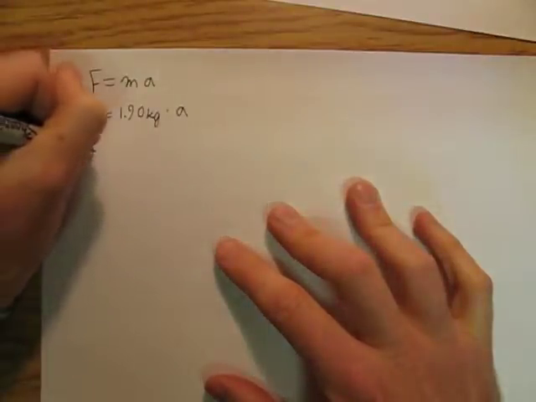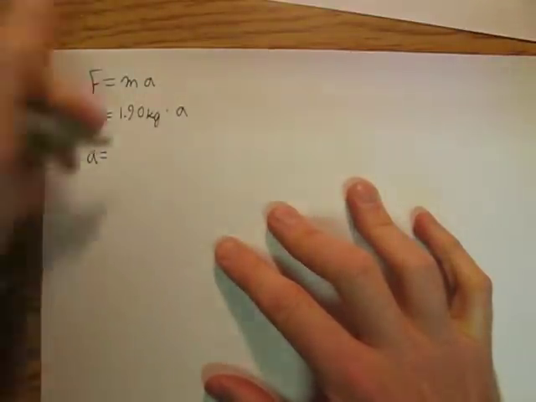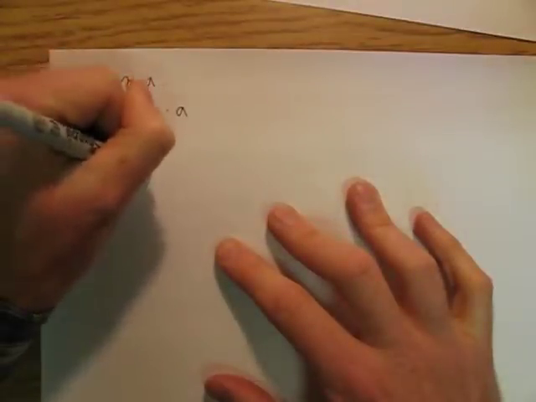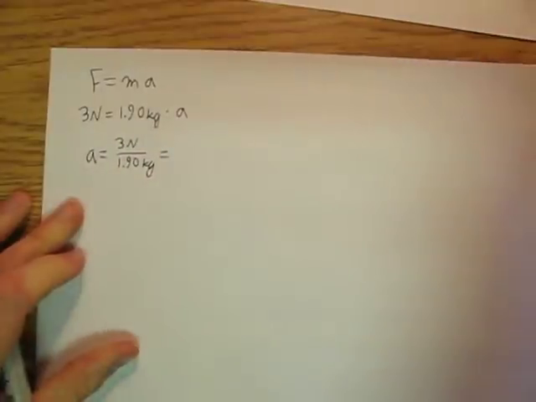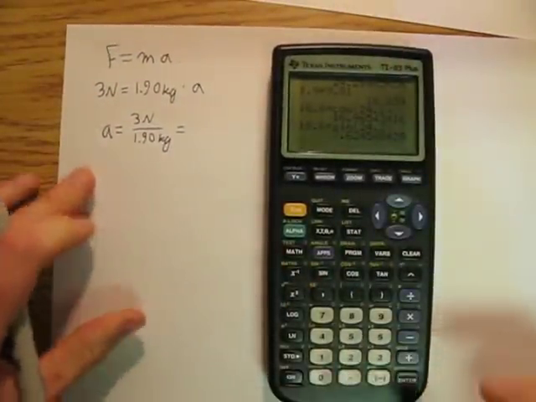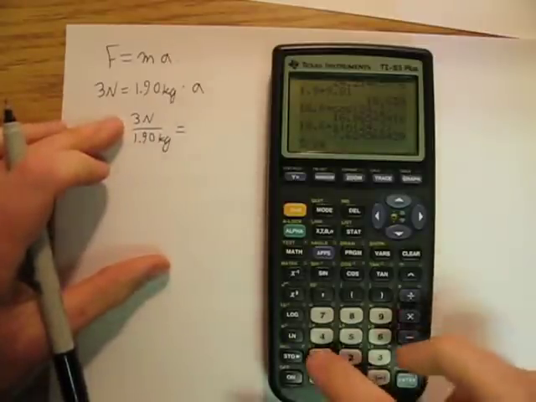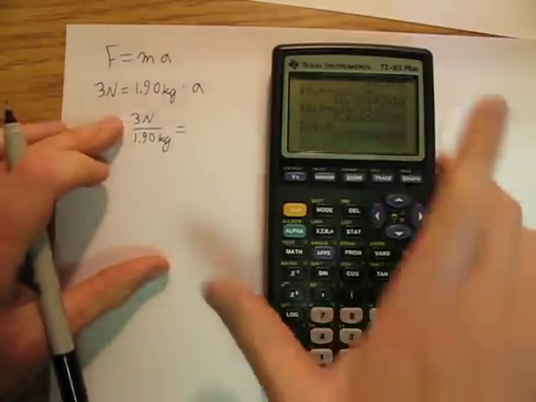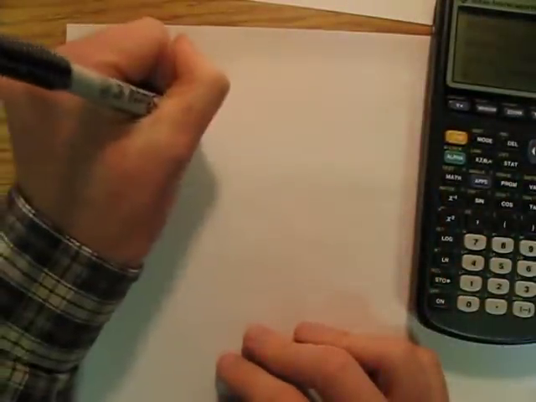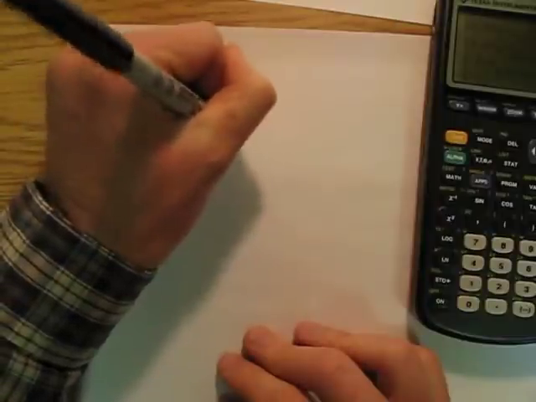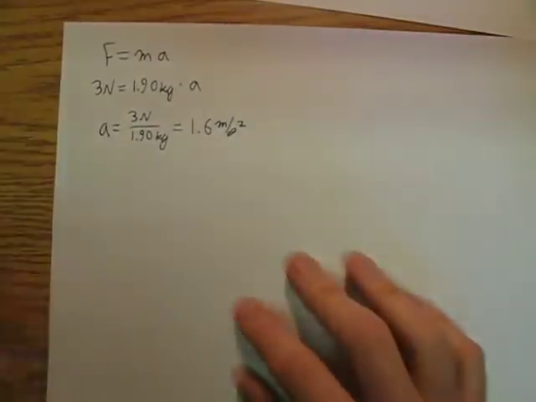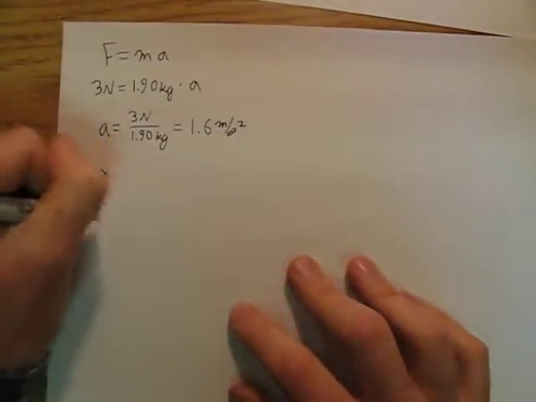So if everything is working out just right, my acceleration, when I let it go down the ramp, is 3 divided by 1.9, I get 1.5, well, I'll call it 1.6 meters per second squared. And every time I do a calculation, we're getting a little bit of error.